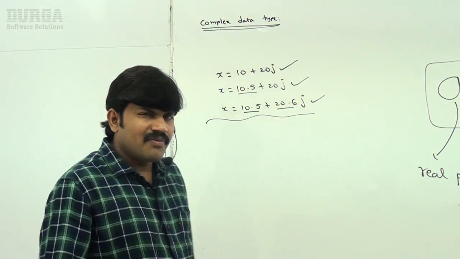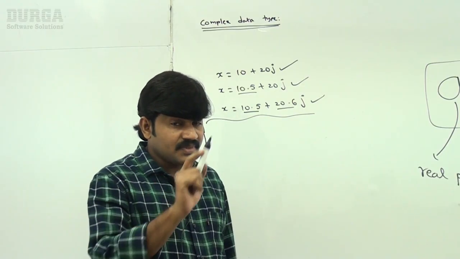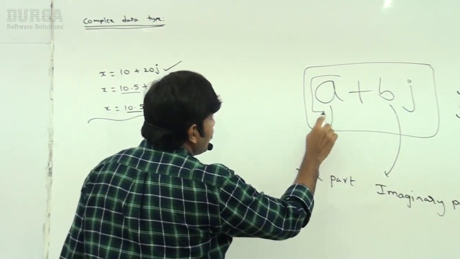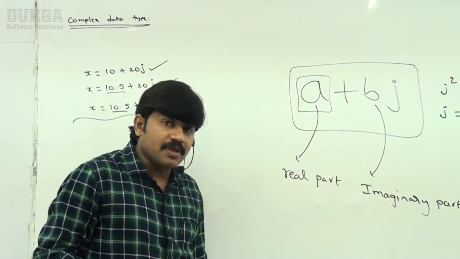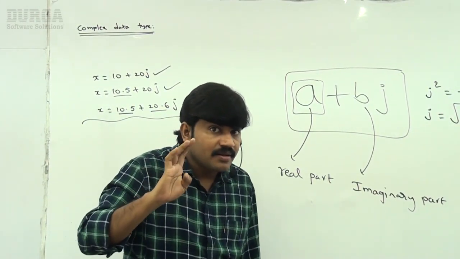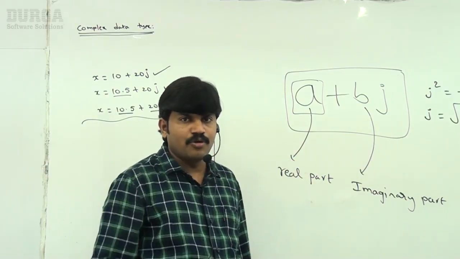But here one small twist is there. What is the twist? This real part, you can represent either in decimal, binary, octal, hexadecimal, no problem, sir.